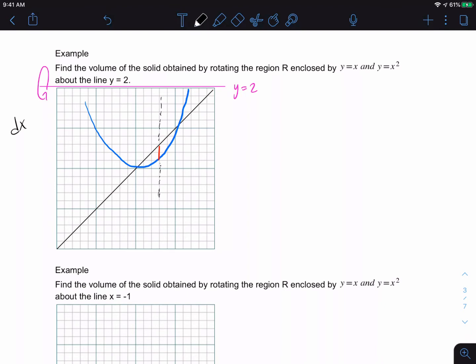Okay. Now, where's this thing bounded? Because we're going to need that to find our integral. Where is it bounded? From where to where? In terms of x, right? Maybe you guys are not understanding what I mean by bounded.